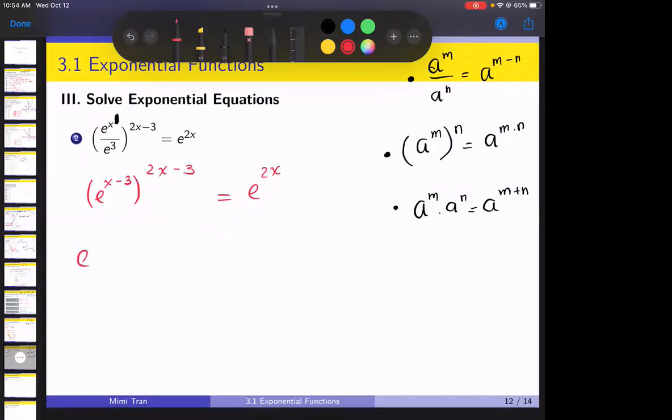That's your m. That's your n, right? M times n, right? So 2 to the x minus 3 times 2x minus 3 equals 2x.